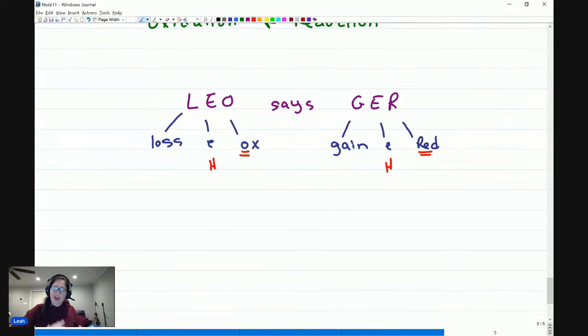Now, oxygen and hydrogen are typically the inverse of each other. When you break a bond to oxygen, you typically add hydrogen. If you gain or lose a hydrogen, then oxygen is typically the opposite of that, which I'll show you in a moment.